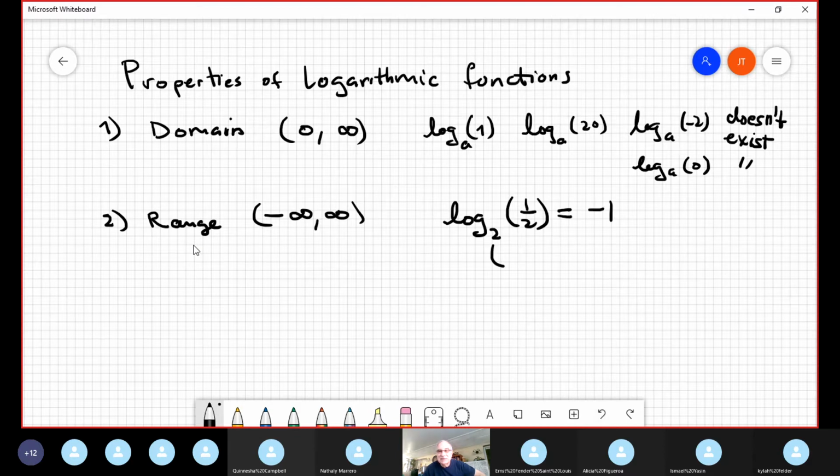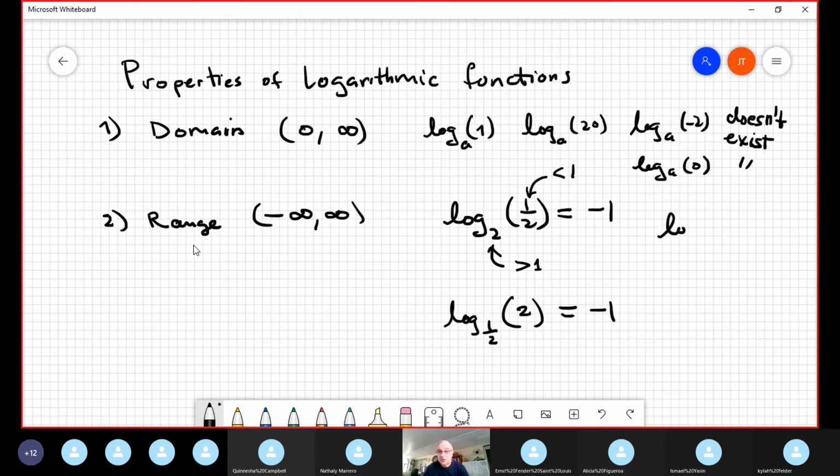If the base is a number greater than 1, and the number inside the argument is less than 1, the answer for the logarithm is negative. Otherwise, if the base is less than 1, and the number inside is greater than 1, it's the opposite. One is greater than 1 and the other less than 1, so the answer is negative again.